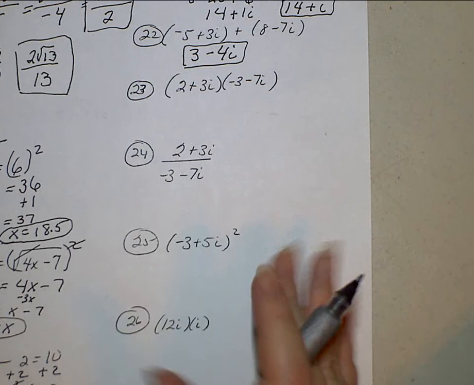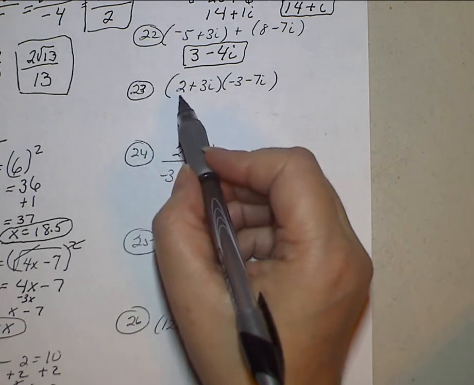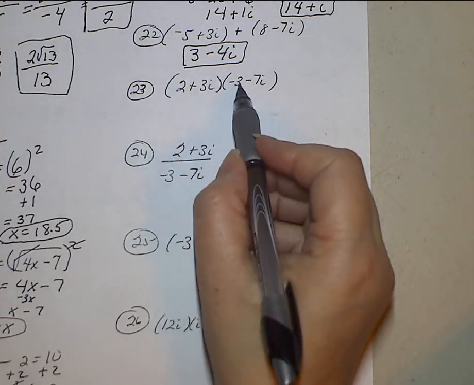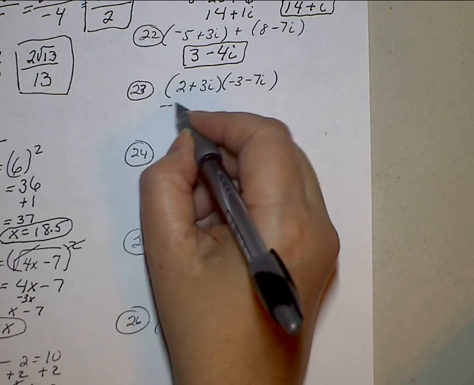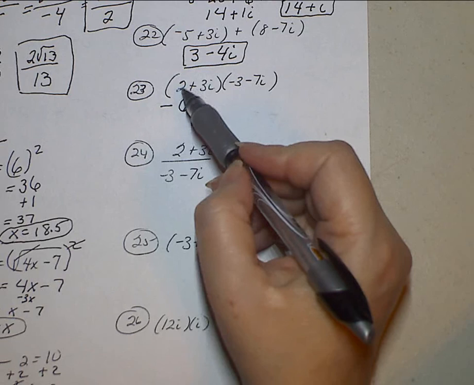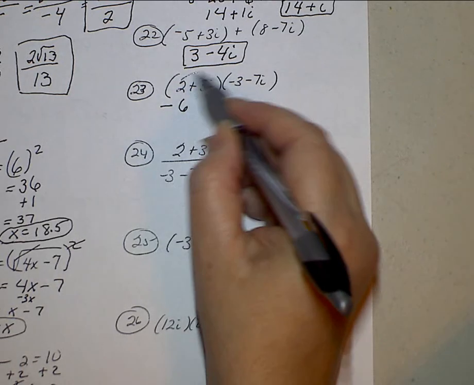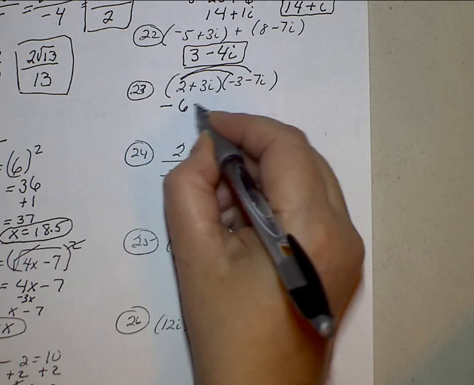We have here 2 times negative 3 gives me a negative 6. Then we take this 2 and multiply it here, so you have 2 times negative 7 is a negative 14i.